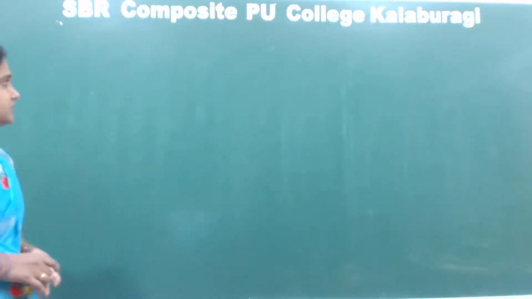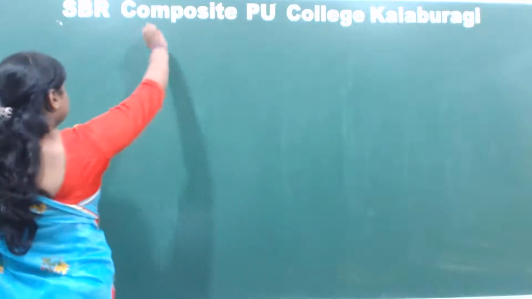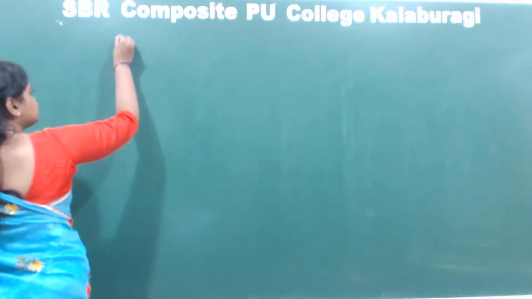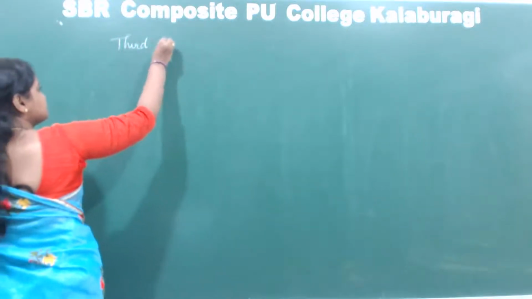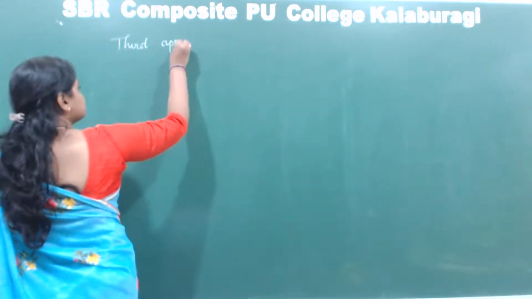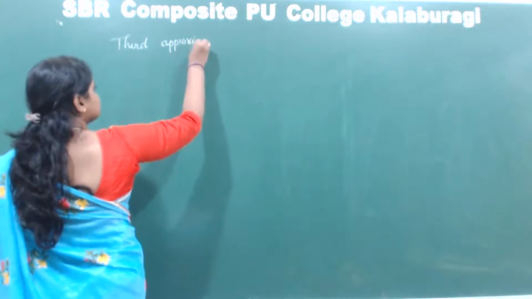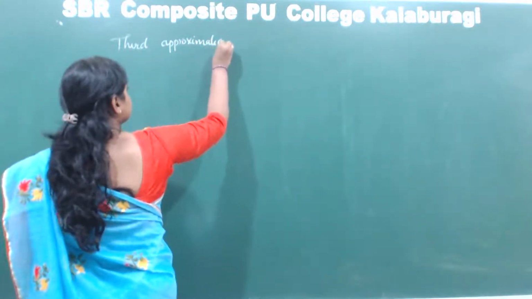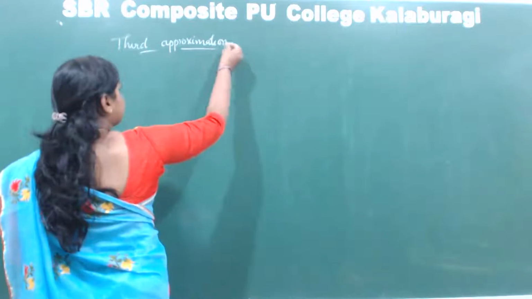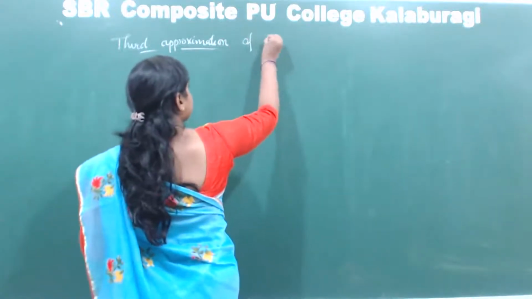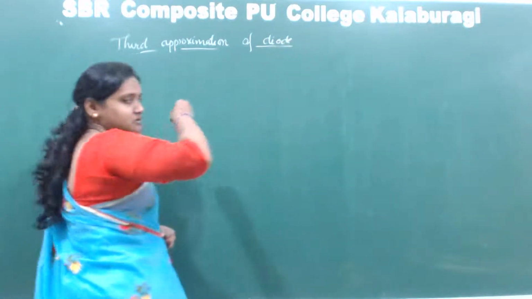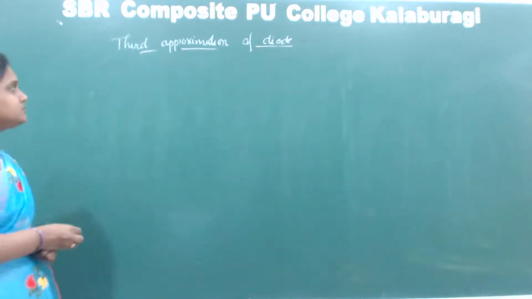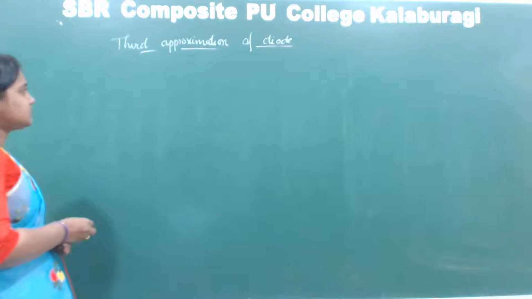So now about the third approximation. What happens in the third approximation?